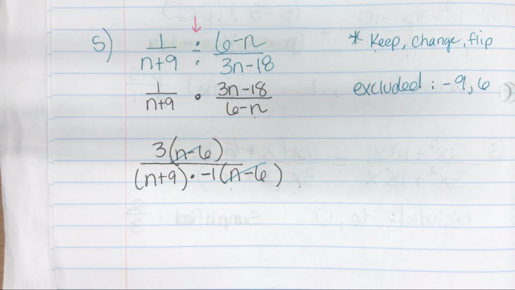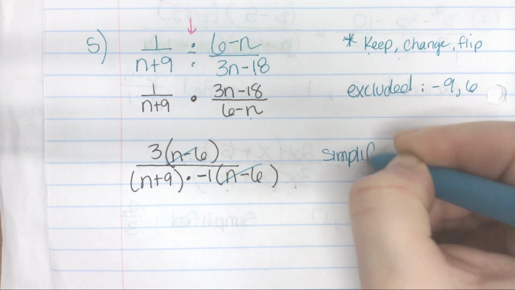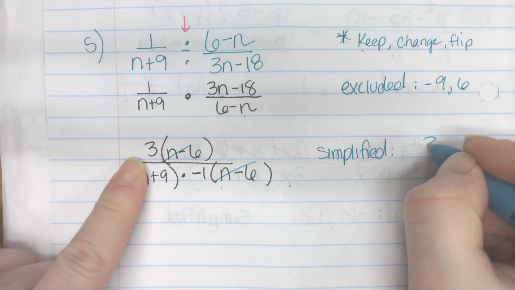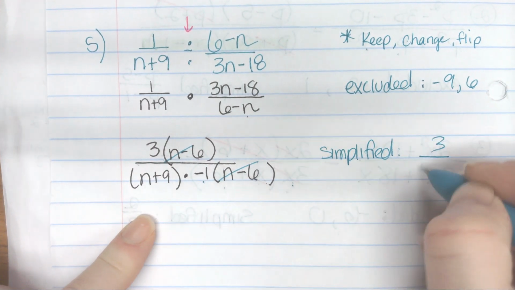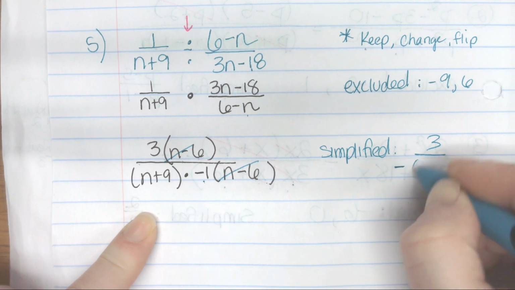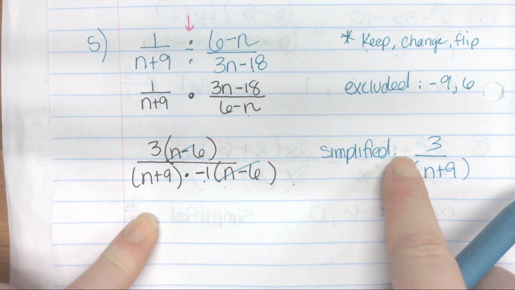The simplified version is 3. The n minus 6 is gone, and then I'll have -1. You could put that negative on the bottom if you want. You could also put it on the outside if you want.